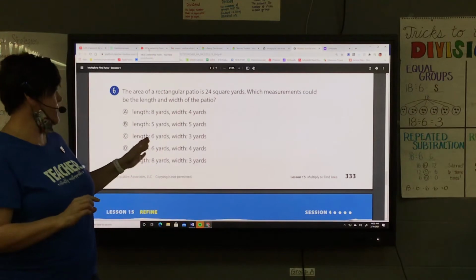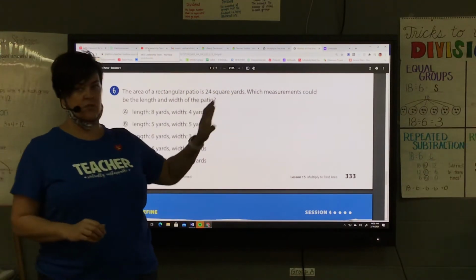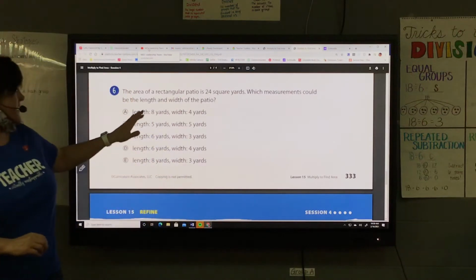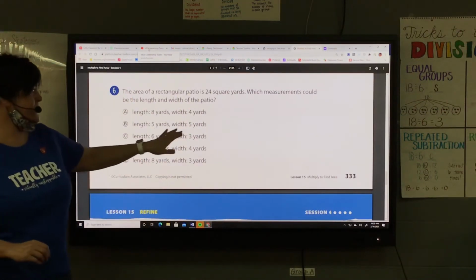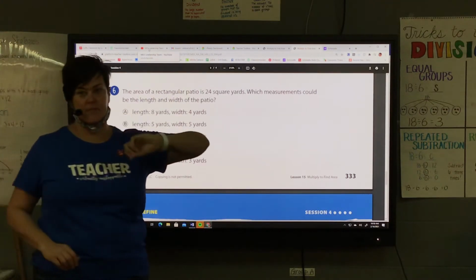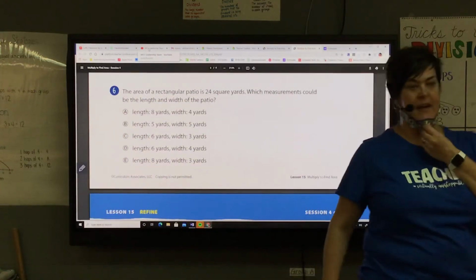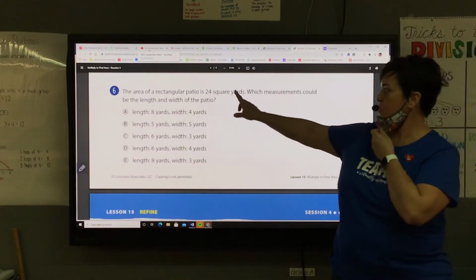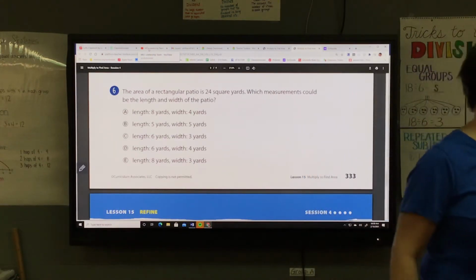So look through and decide, is 8 times 4 24? Is 5 times 5 24? Is 6 times 3 24? There are 2 of them that are correct. Identify those right now. Which measurements could be the length and the width of the patio?